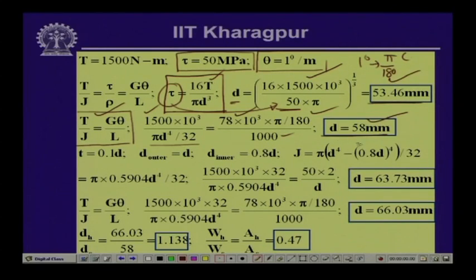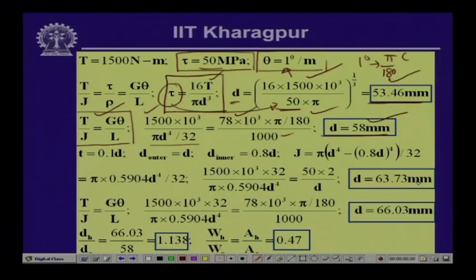Now, out of these two diameters, this much of diameter is necessary so that shear stress is kept within the limit of 50 megapascal. This much of diameter is necessary for theta, or the rotation, to be 1 degree per meter length. You will have to select the diameter in such a way that it satisfies both criteria.